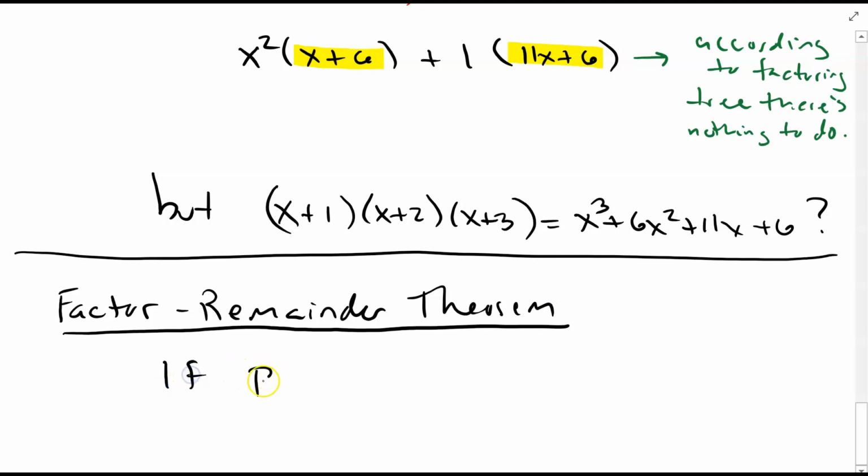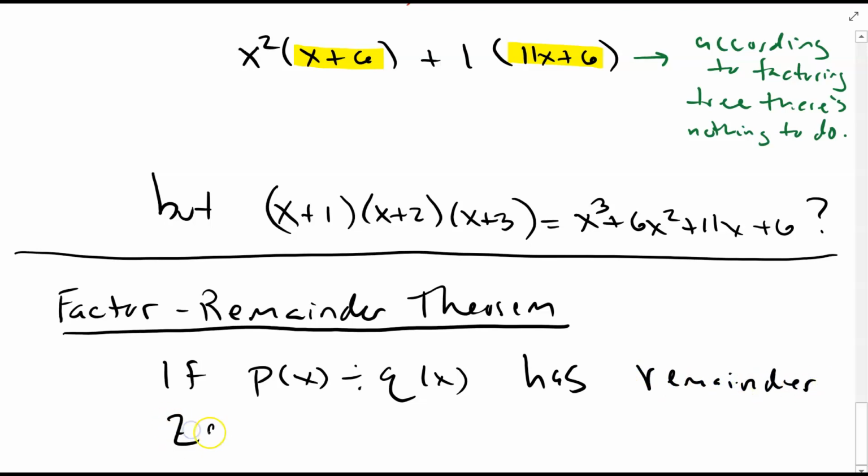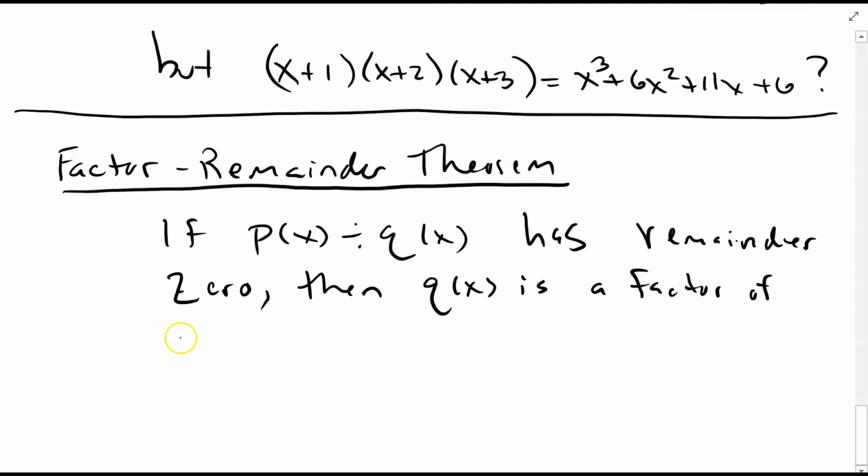This says that if I have a function p of x divided by some other function q of x, and it has remainder 0, then q of x is a factor of p of x.